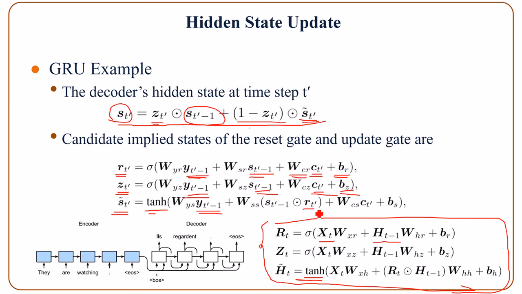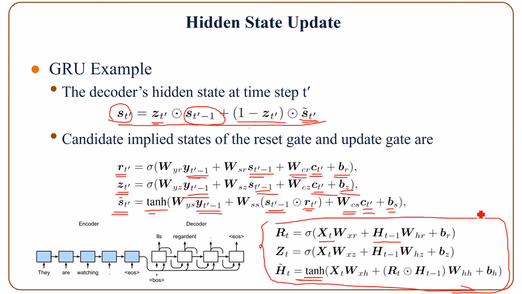The reset gate controls what you get from the contribution from the previous time step, and c_t' is the context variable, and this weight controls how c_t' contributes to the current state, and then the bias vector. So the equations are very much similar.